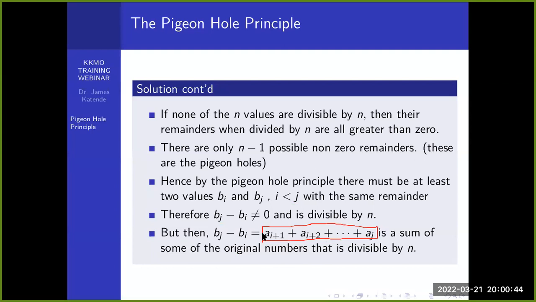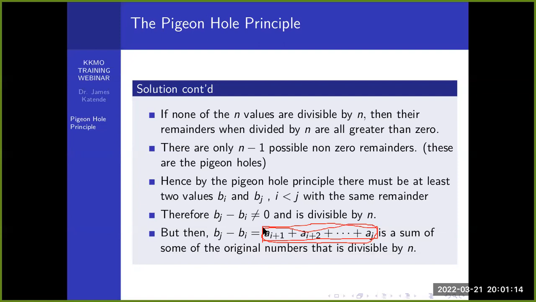But what are these numbers? This is the sum of numbers from the original set. So what we have actually found is a subset of the original set whose sum is divisible by n. So we have proved that if you have a set of n numbers, it's always possible to find a subset from that set whose sum is divisible by n.